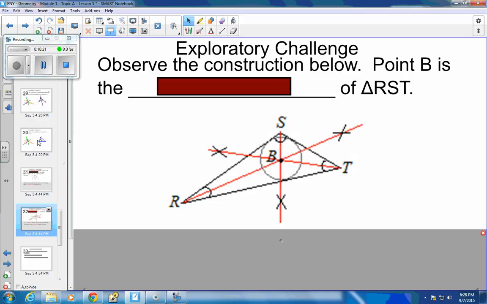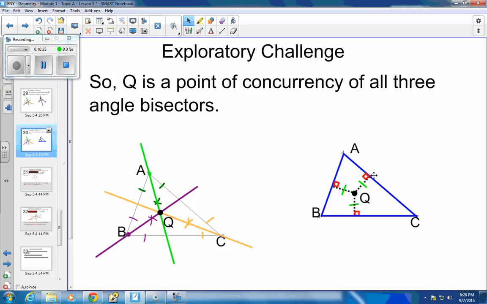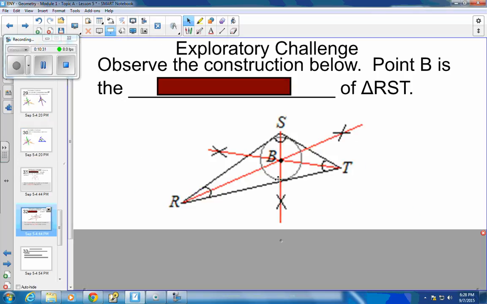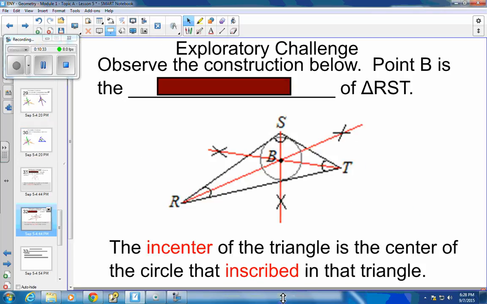And that makes sense because when we were back here, we saw that it's the same distance to all three sides. So this is a radius, this is a radius, and this is a radius. So the circle would have to be on the inside. So we say that the circle is inscribed in the triangle, and the incenter of the triangle is the center of that circle.